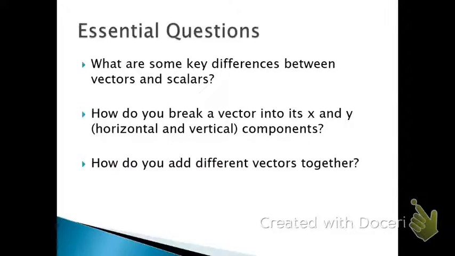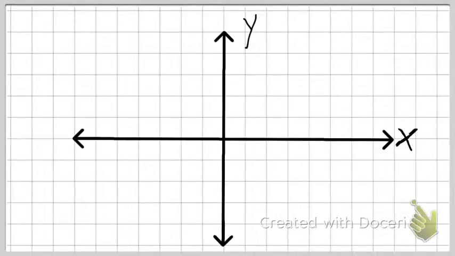Now, before we dive straight into vectors, let's take a little trip back to middle school math, where you were graphing. Here's a little bit of graph paper that I've just projected up onto the board, and let's say we've got an x and y axis. And if your teacher would put a point somewhere on this graph, you could identify where that point is by counting the horizontal boxes, or grid lines, or horizontal distance in general.